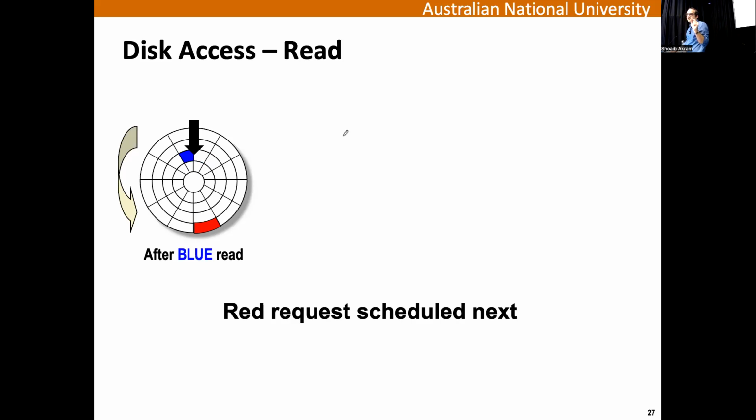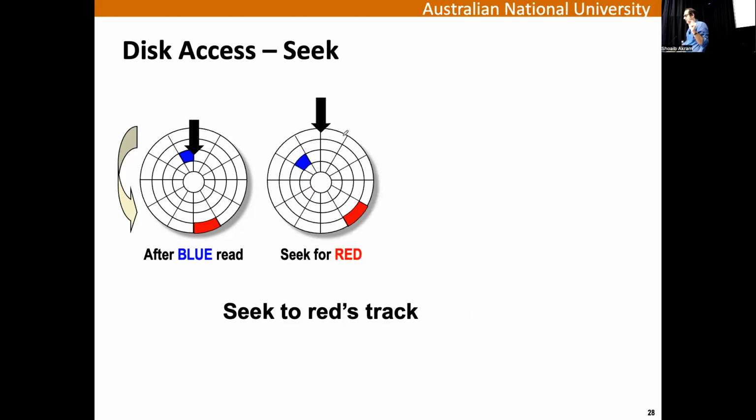Arm movement or rotation? Arm moves, and we call it a seek. And you will see system calls. The arm movement for a specific track is called a seek operation.